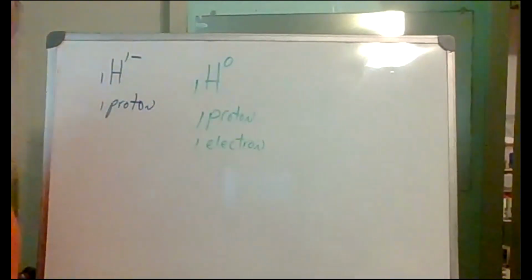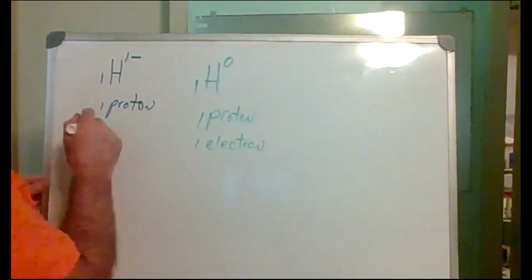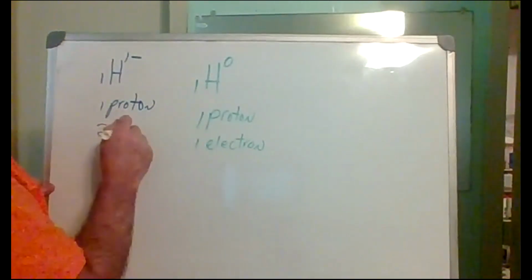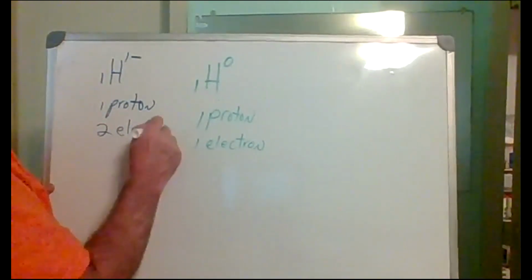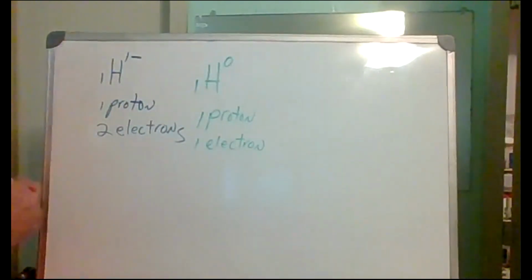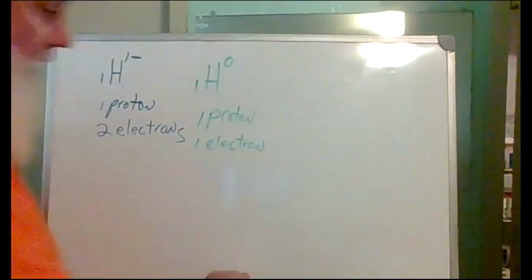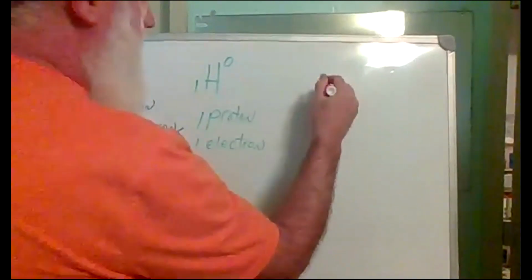How many electrons? 1 proton, 1 electron. You've got to speak louder. There are 2 electrons.